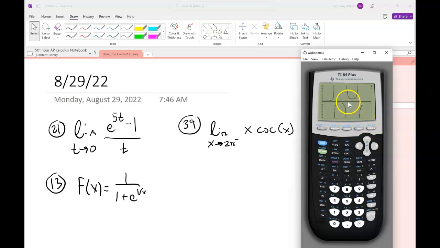There we go. So 2 pi is right here. If I'm looking at the left end of it, it looks like it's going to negative infinity. It took a little shake to the calculator to get a decent picture to come out for me.